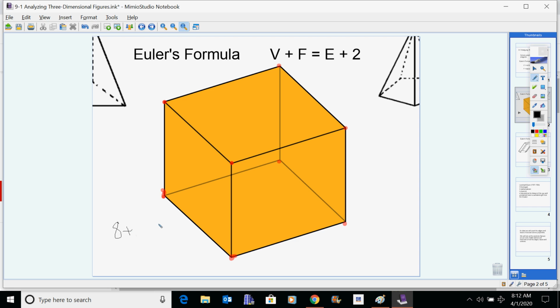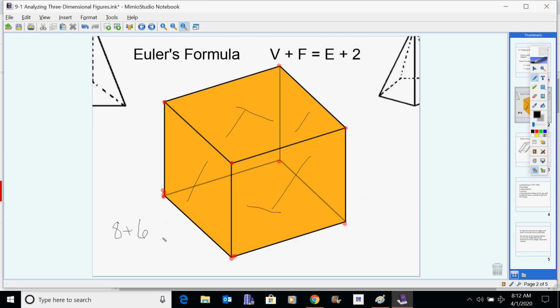And then if I count the faces, the faces are the flat sides. So if I go through and I count the flat sides of this box, I've got 1, 2, 3, 4, and then the top and the bottom, 5, 6. So I've got 6 faces. The faces are the flat sides.